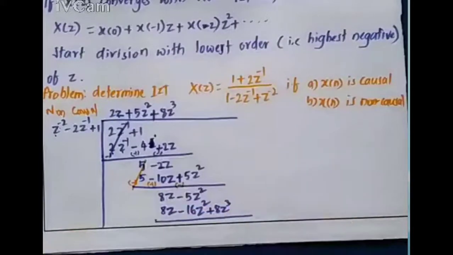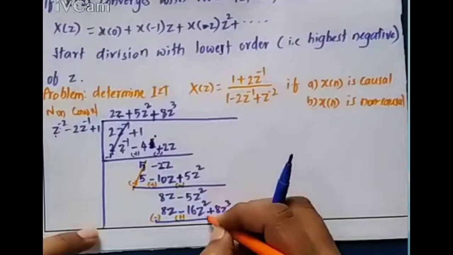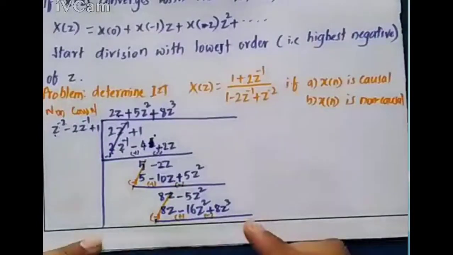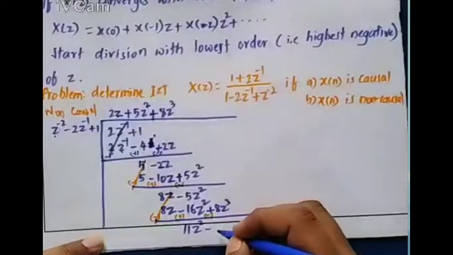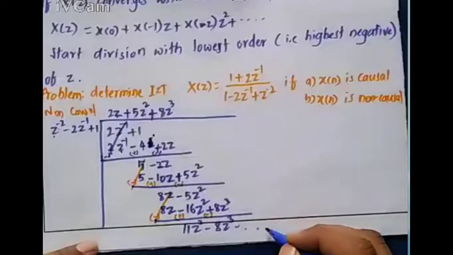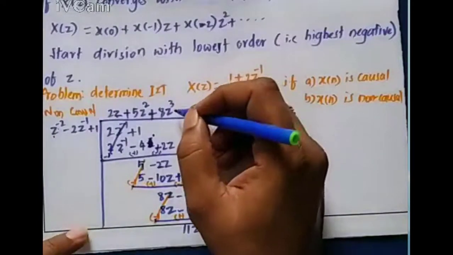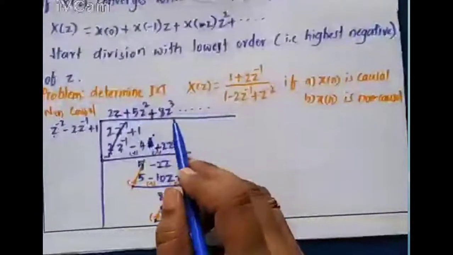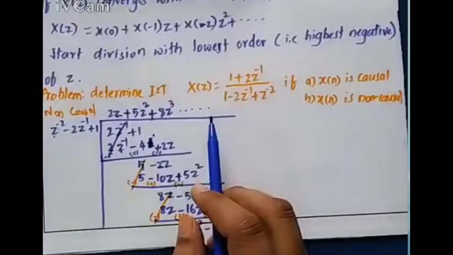Then again I will cancel out these terms. So I will have 11z square minus 8z cube. So this will continue. At least 3-4 terms have to come in the division, whatever division we do here.